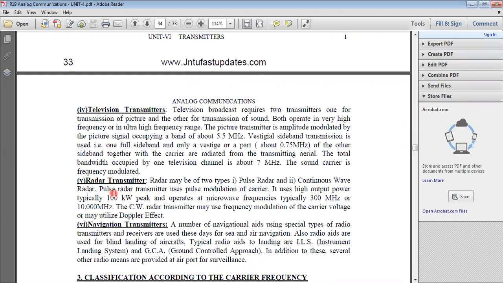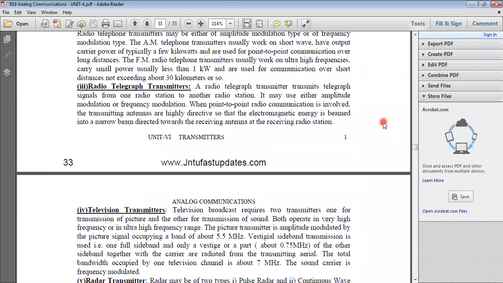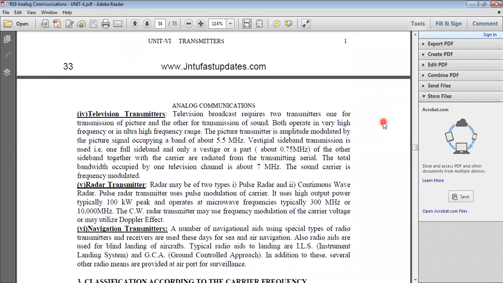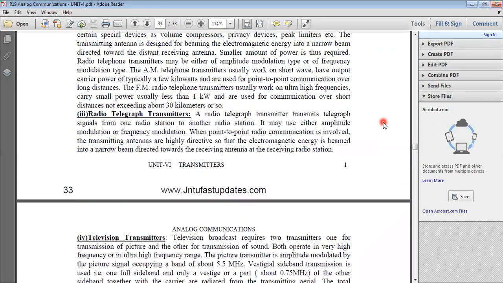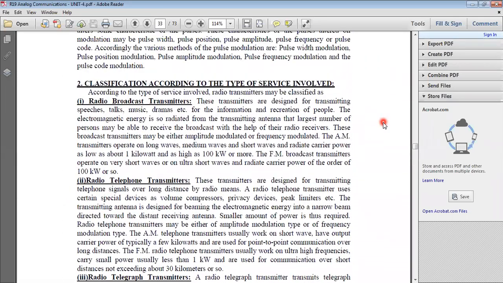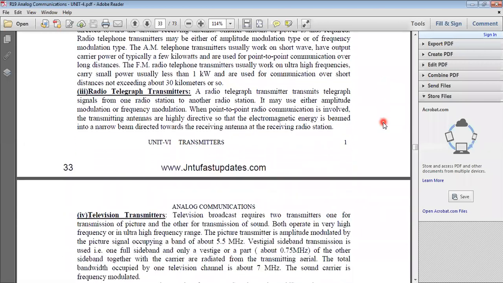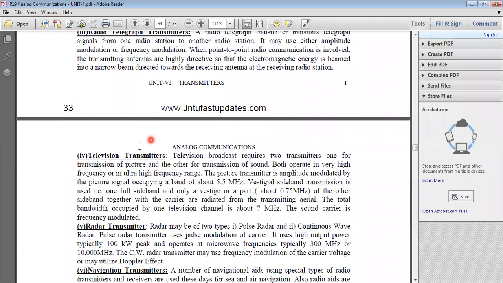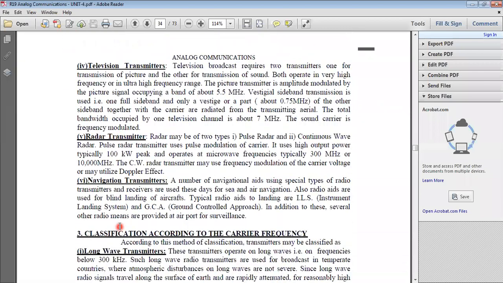So to send radar signals, we use radar transmitters. For navigation purpose, we use navigation transmitters. So according to the service involved, the transmitters are generally classified into six types: broadcast transmitters, telephone transmitters, telegraph transmitters, television transmitters, radar transmitters and navigation transmitters.